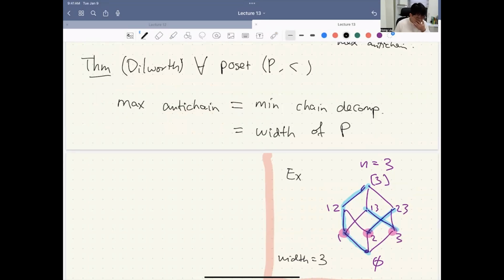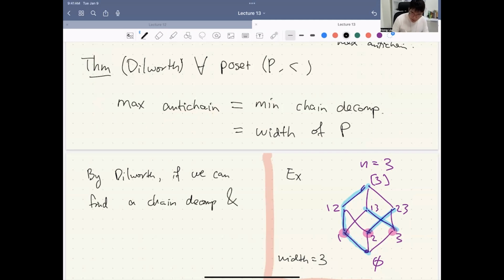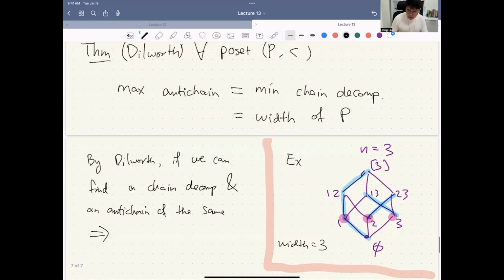Okay? So by Dilworth, if we can find a chain decomposition and an anti-chain of the same size, then automatically it implies that we can find the width of the poset P. This anti-chain must be the largest anti-chain.